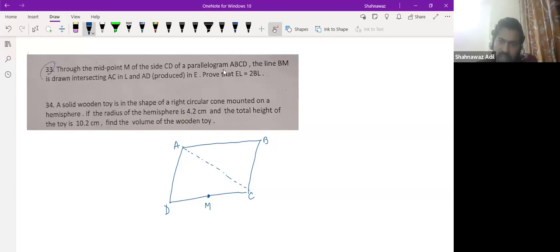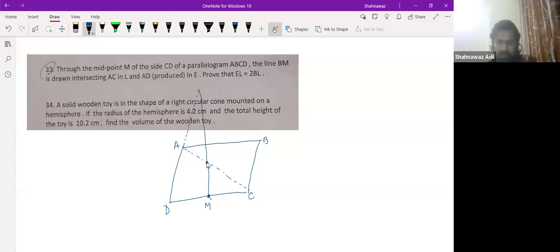So to the midpoint M of the side CD, we have to extend this and then draw this. This is the given, right?